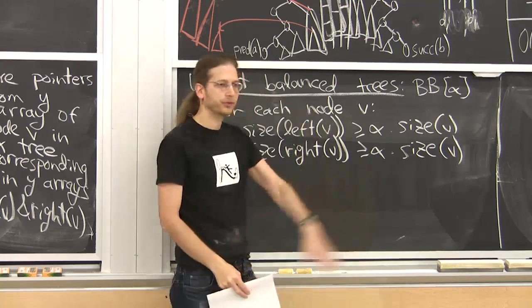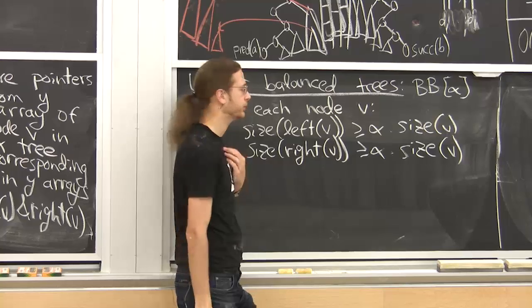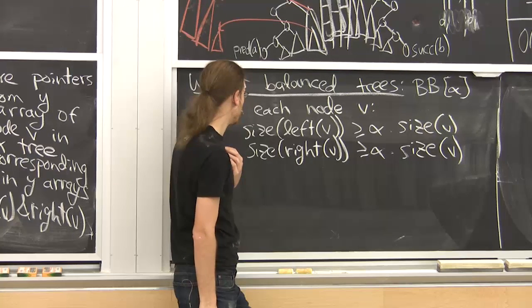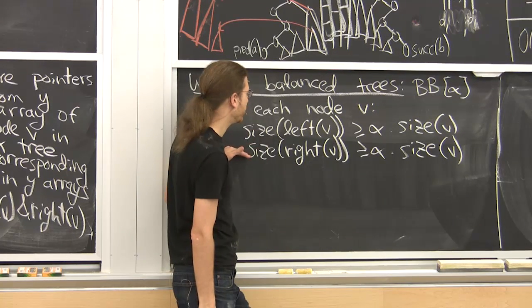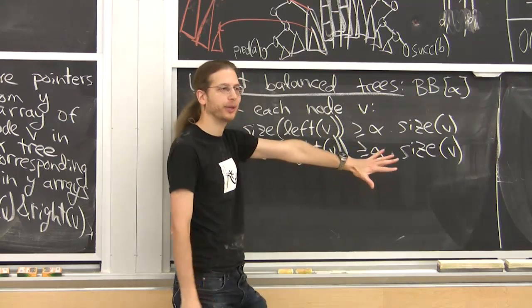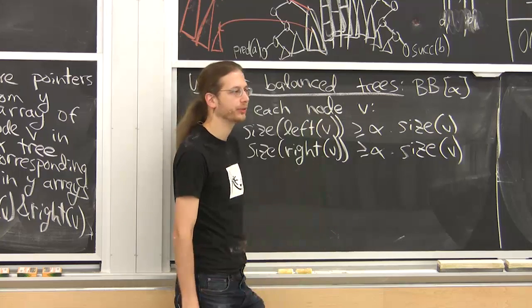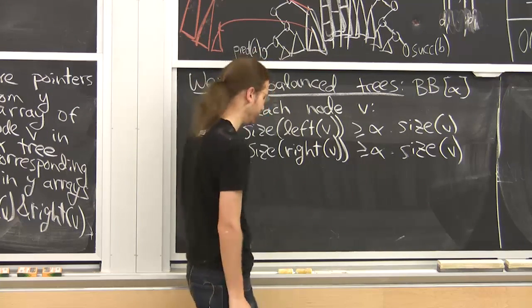It could be the total number of nodes in the subtree. It could be the number of leaves in the subtree. Doesn't really matter. What's alpha? If alpha is a half, you're in trouble because then it has to be perfectly balanced. But if you just make alpha small, like a 1/10 or something, any constant less than a half will do.